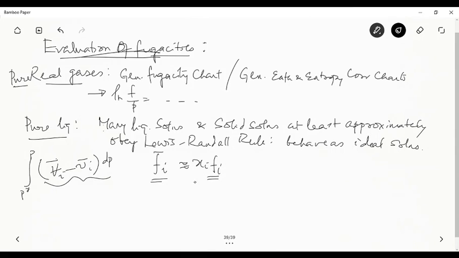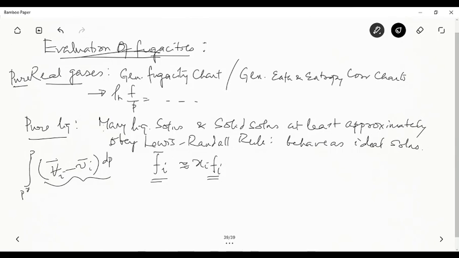But this one is easier to measure, because this can be obtained either by the fugacity charts or by extrapolation of the fugacity charts, or by using any specific equation of state that might be available for the substance, P as a function of V. So the pure substance f_i can still be easily evaluated, and therefore commonly if this is obeyed, then life becomes much easier.